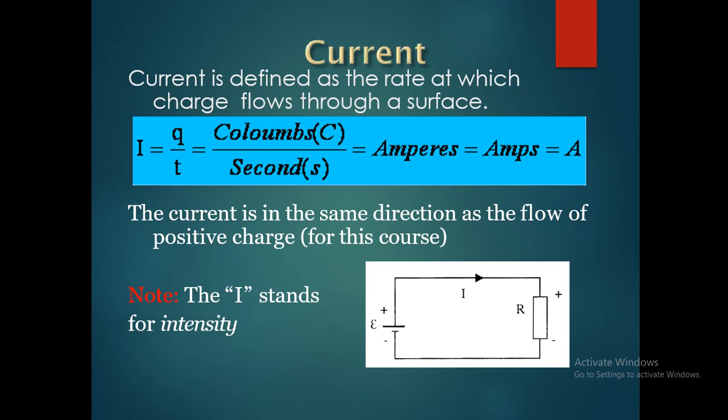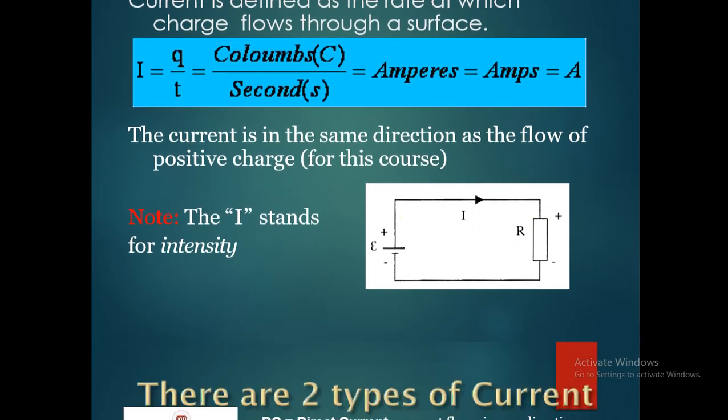The current is in the same direction as the flow of positive charge. You can see here in the diagram, this is the source of energy, and there is a resistive load. This is the current. Here the I indicates the current value and its magnitude.